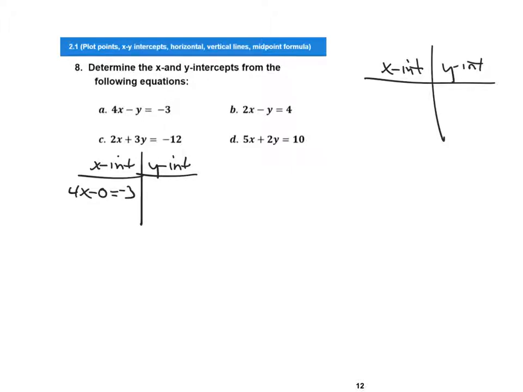Notice where I put the 0, I put it in for y. So 4x is equal to negative 3, so x is negative 3/4, which means it's an ordered pair, (negative 3/4, 0). All right, what about the y-intercept? Well, for the y-intercept, I'm going to put a 0 in for x.